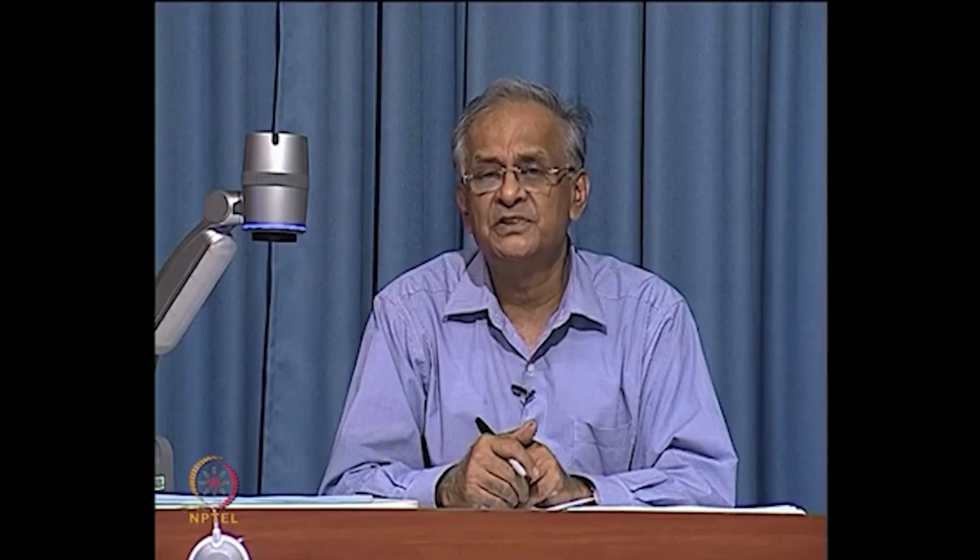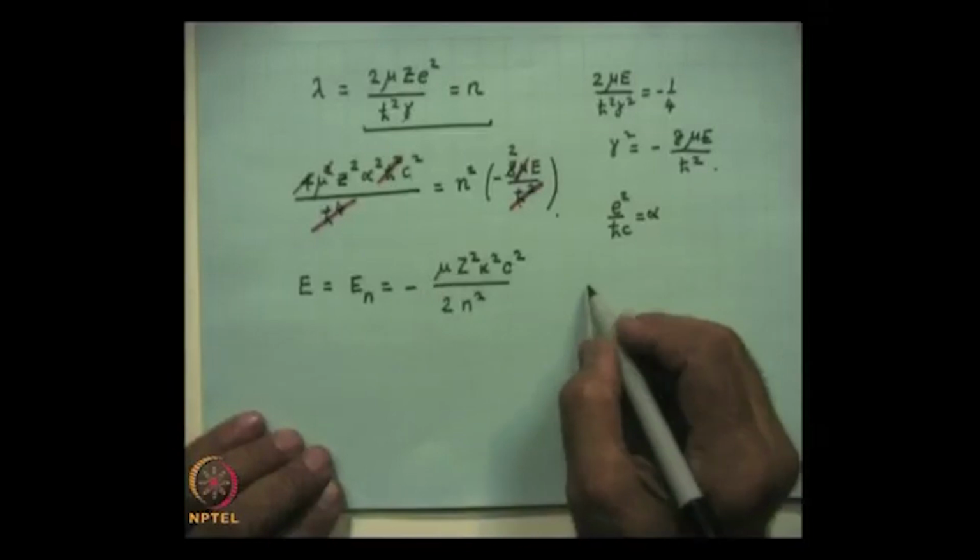From the solution of a differential equation, one obtained the energy eigenvalues of the hydrogen atom, which compared extremely well with the experimental data, the Balmer series, the Lyman series, and the Paschen series. So, here you can see mu is the reduced mass.